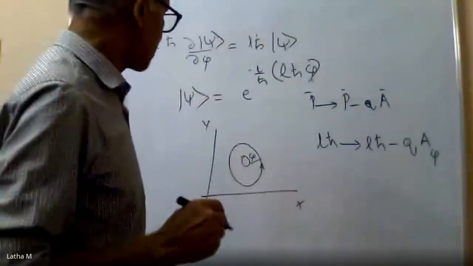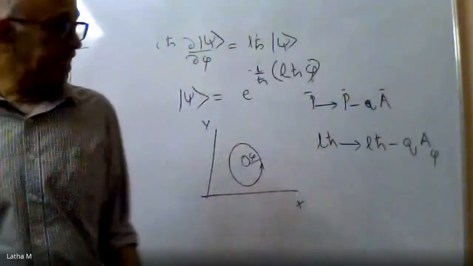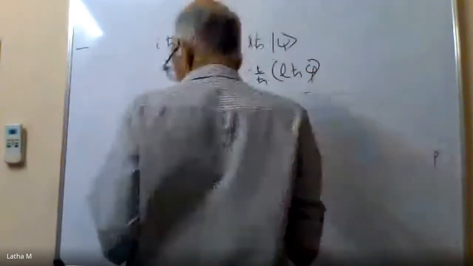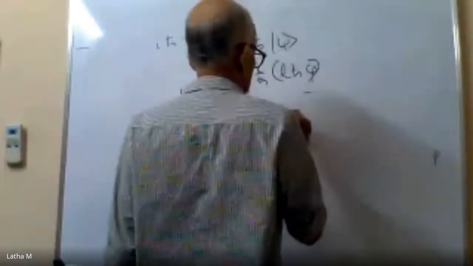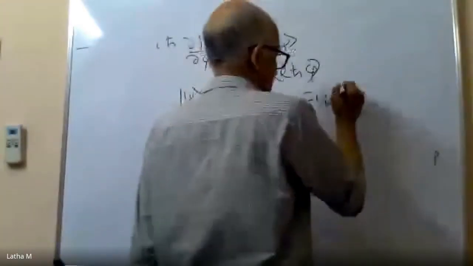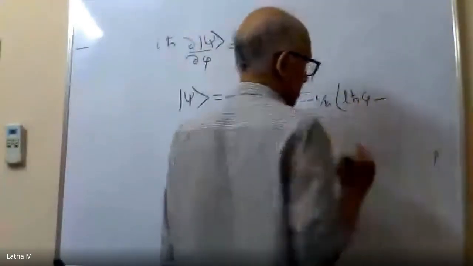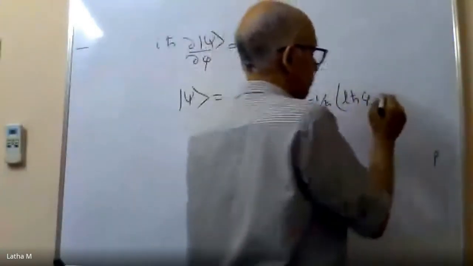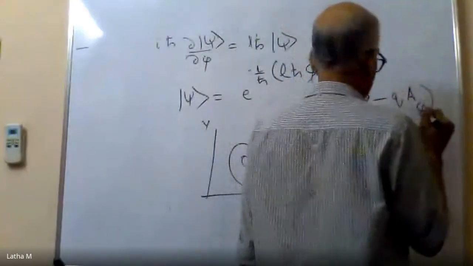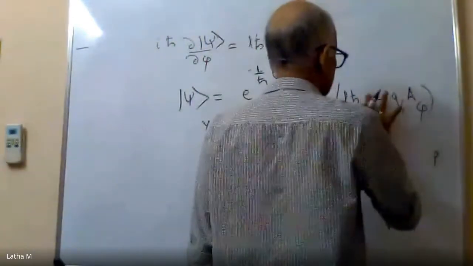Therefore, when a current is switched on, this angular momentum state gets changed to exponential minus I by h cut L h cut phi minus Q A phi.